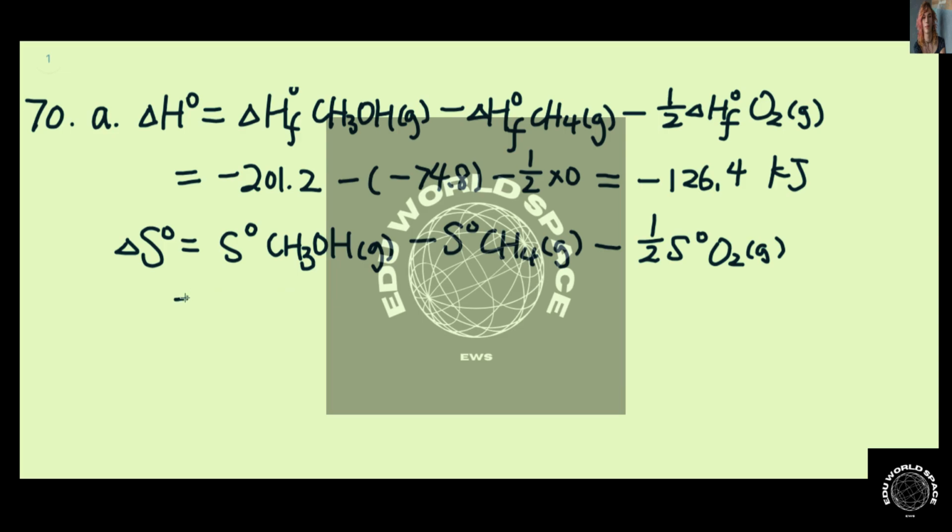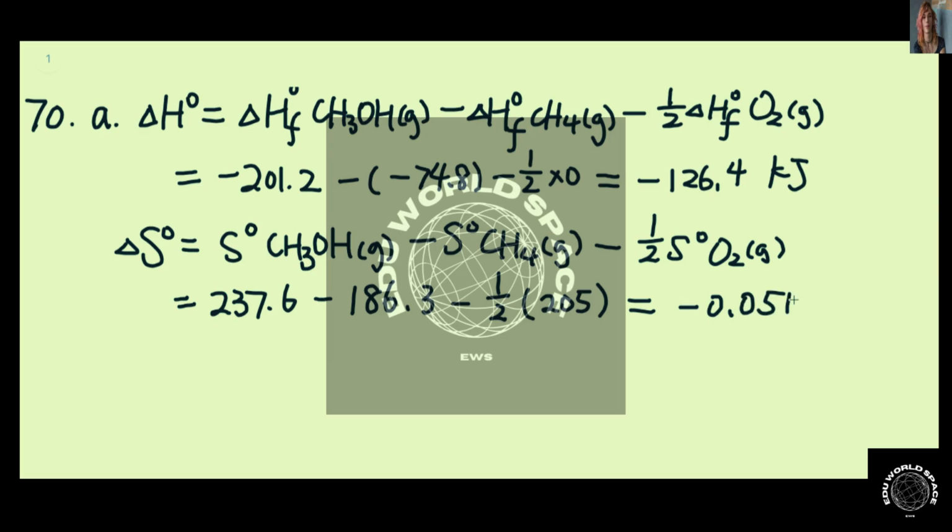And you will get 237.6 minus 186.3 minus 1/2 of 205, and that is equal to negative 0.0512 kilojoules per Kelvin.